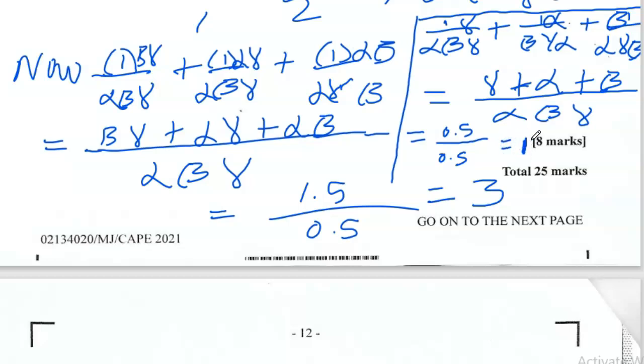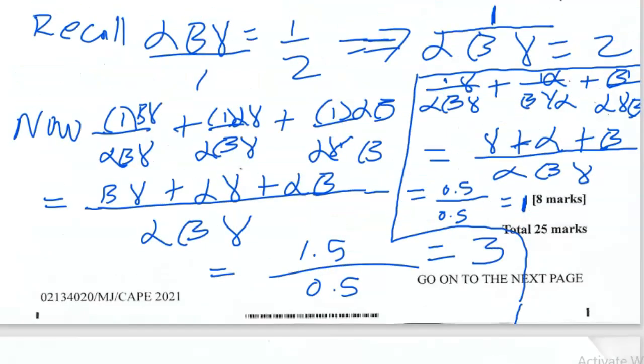So the second bracket would be equal to 1, and the first bracket would have been equal to 3.